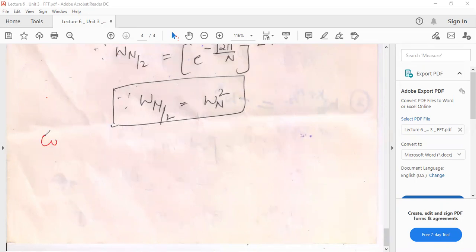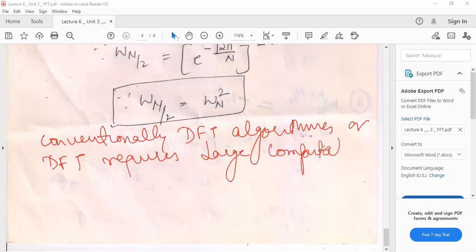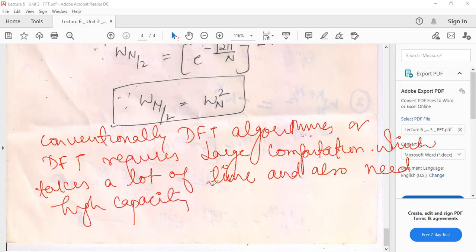So conventionally, DFT algorithms require large computation, which takes a lot of time and also needs high capacity processors, right?